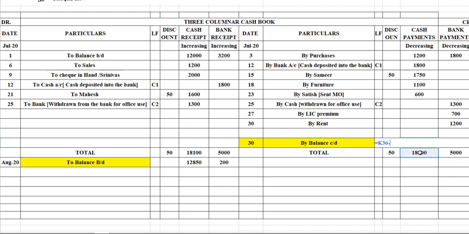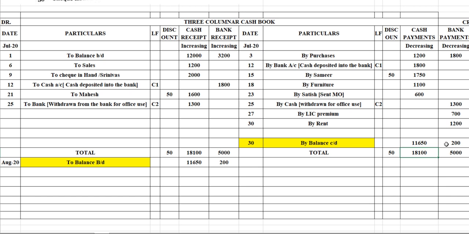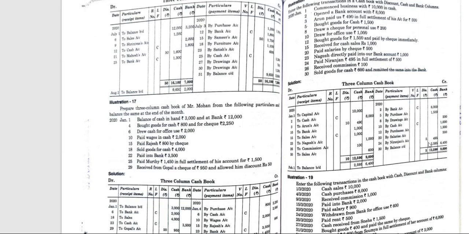So this minus this minus this minus 1,750 minus 1,100 minus 600 is 11,650. Sorry, how much? 11,650. That is wrong again.